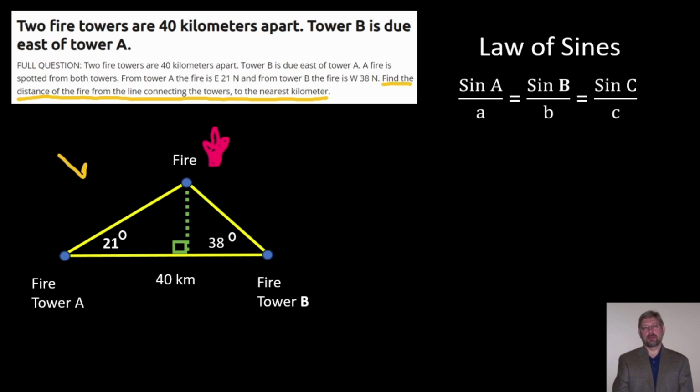So we have the drawing that I prepared, and what I've added is the green dashed line that goes from the base of the line that's connecting the two towers to the fire itself. So that's our height.